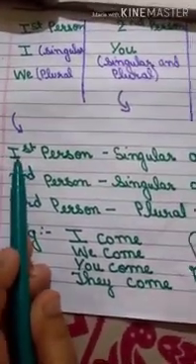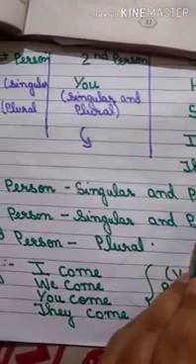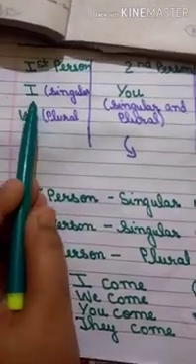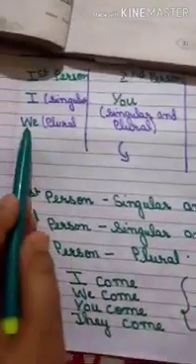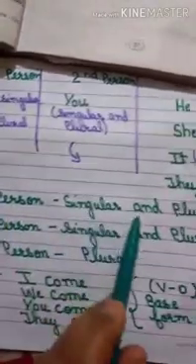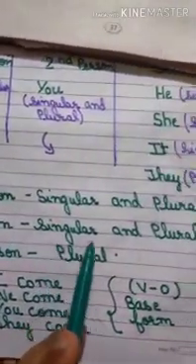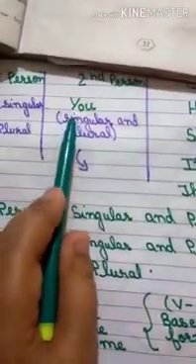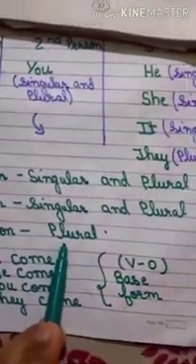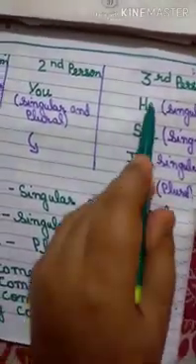Now see here. The first person singular is I and the first person plural is we. Second person singular and plural, you. And third person plural, only they, not he, she, it.